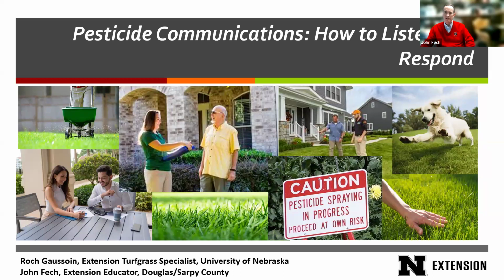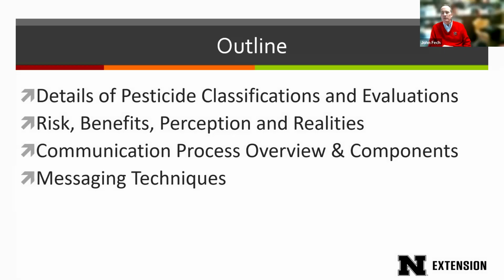Again, the opening screen illustrates a lot of different settings and a lot of different questions about how we go about communicating these important messages. Here is a brief outline. We talk about the different classifications of products. The important thing is to talk about risk and benefit, but also to understand perception and reality.